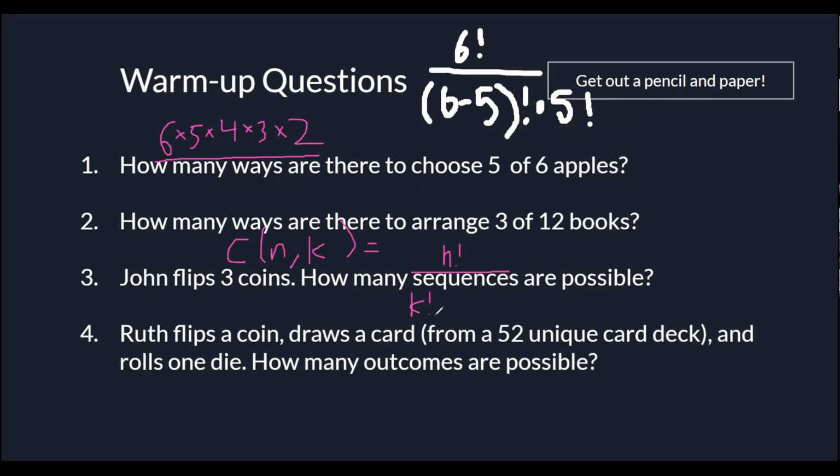Factorial is when you multiply down. For example, 5 factorial is 5 times 4 times 3 times 2 times 1. Did I say that correctly?